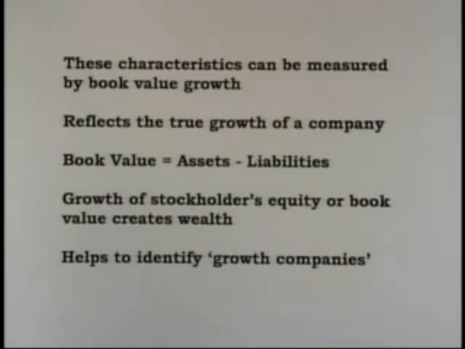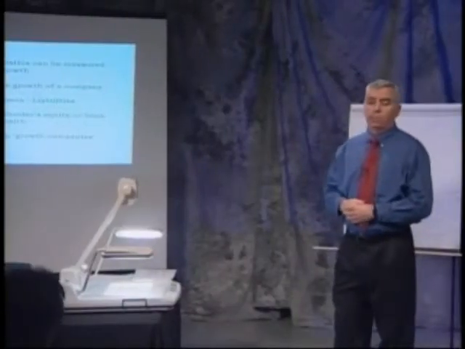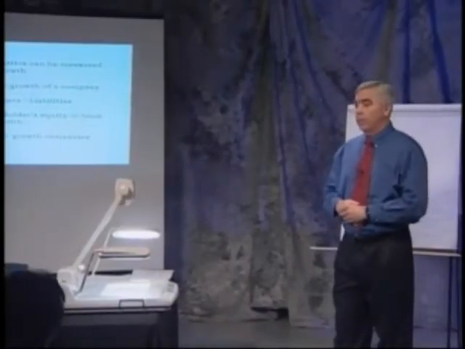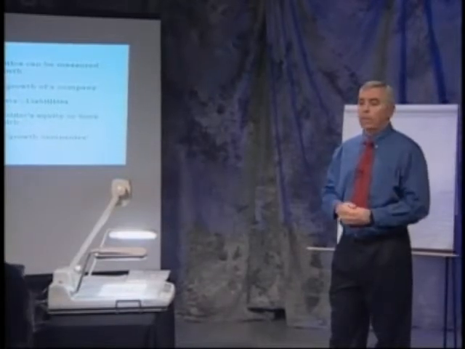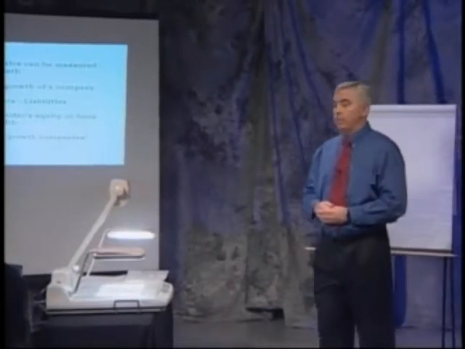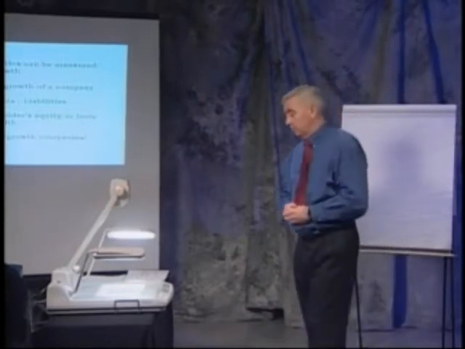If a company takes on a lot of debt, that will show up in their book value growth. That'll reduce their book value growth. So I found it's the best way to identify real growth companies. If they're growing their book value, then they're growing the net worth of the company, and that's a company that you want to study further.